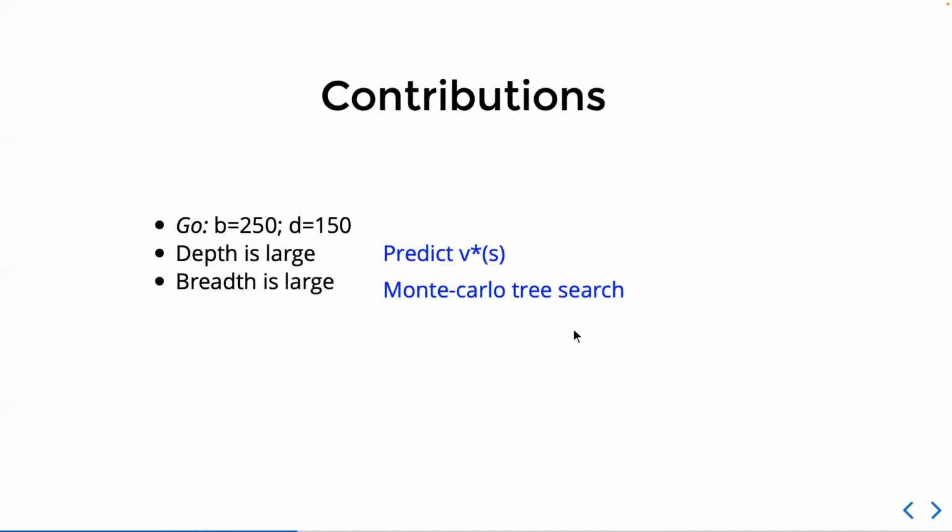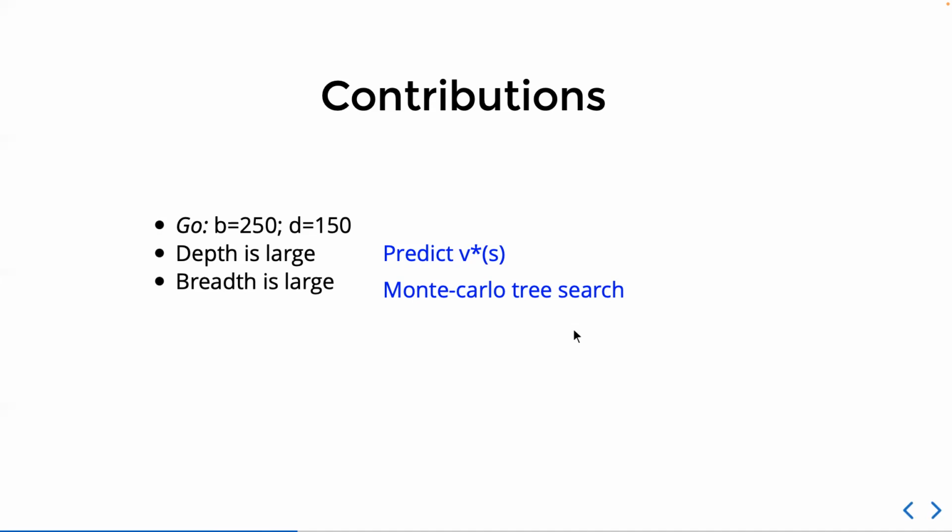So here are the two major contributions for AlphaGo to solve the first challenge, which is that the game length is large. AlphaGo uses a value network to predict the value instead of explicitly computing it. And to solve the second problem, they use the Monte Carlo tree search algorithm.